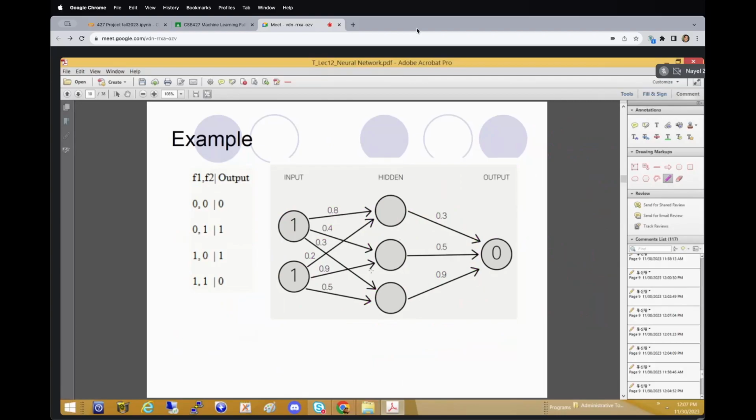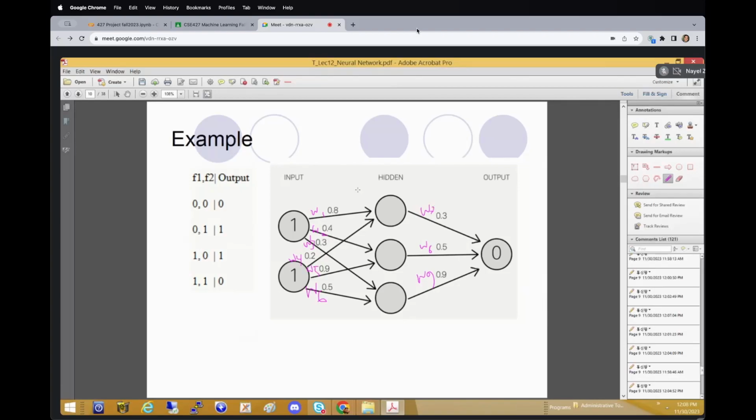Let's say we have assigned W1 equal 0.8, W2 equal 0.4, W3 equal 0.3, W4 equal 0.2, W5 equal 0.9, W6 equal 0.5, W7 equal 0.3, W8 equal 0.5, and W9 equal 0.9.